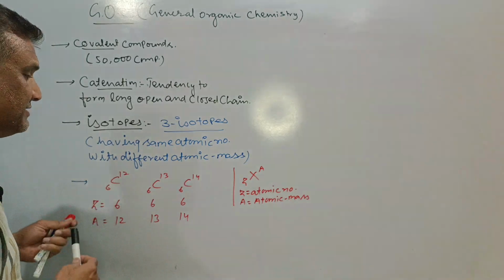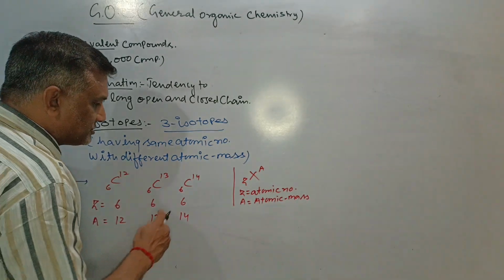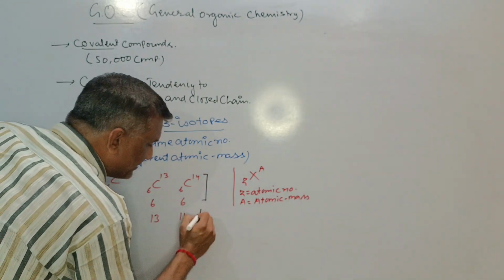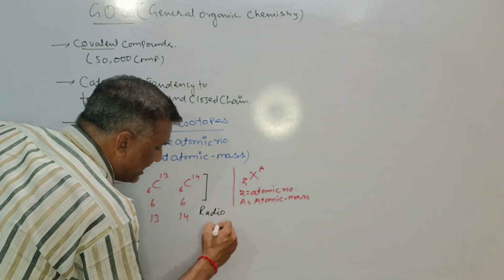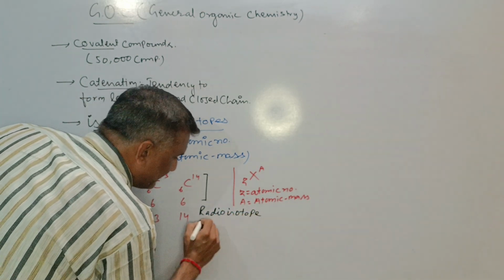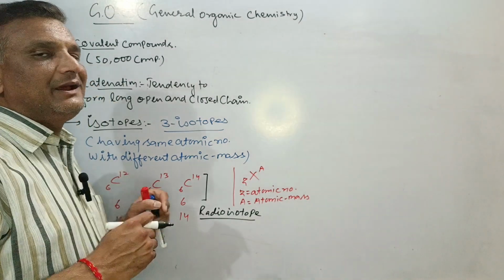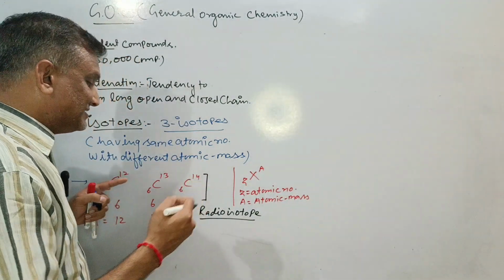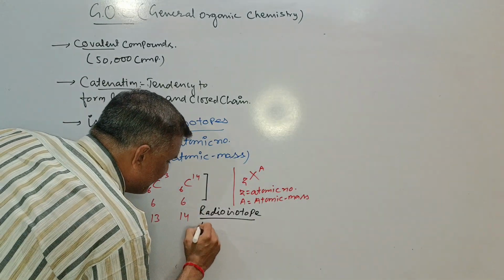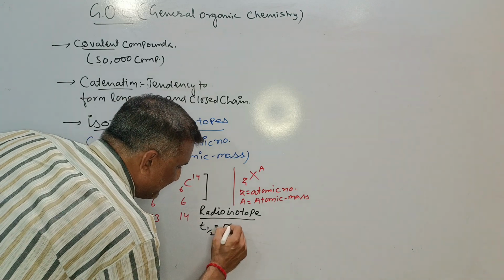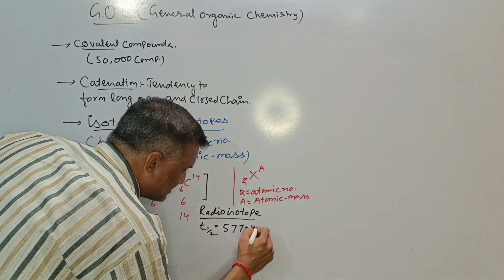If you go with C14, then this is the most important radioisotope. What is the meaning of radioisotope? It emits invisible particles like alpha, beta and gamma. That's why its half-life period, denoted by T half, is 5770 years.